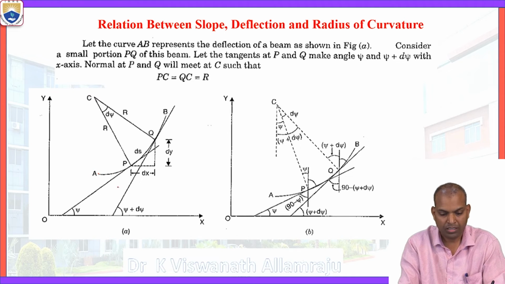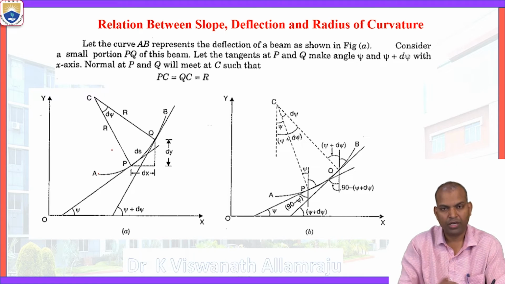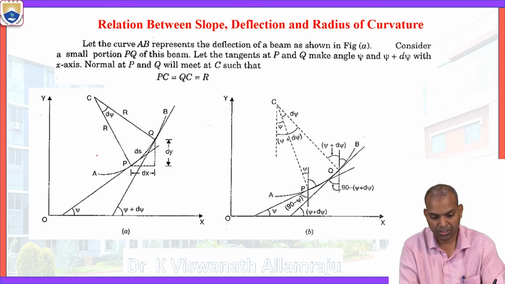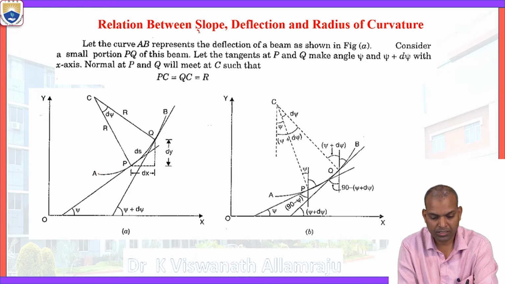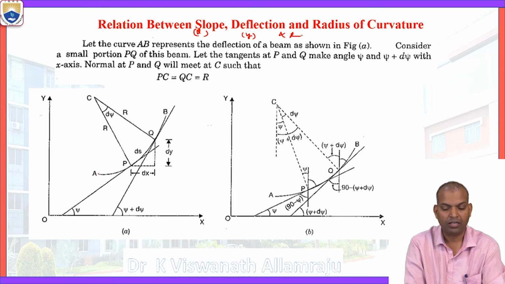A small portion we considered. Our objective is the relation between slope, deflection and radius of curvature. Slope is theta, deflection y, and radius of curvature R. Theta, y, R, that is the relationship we need here.